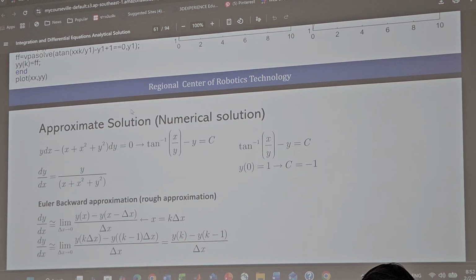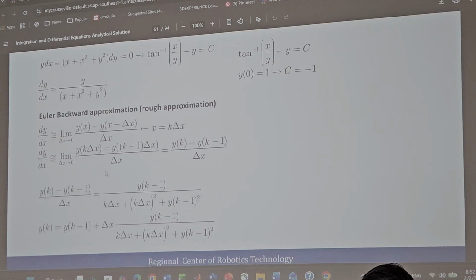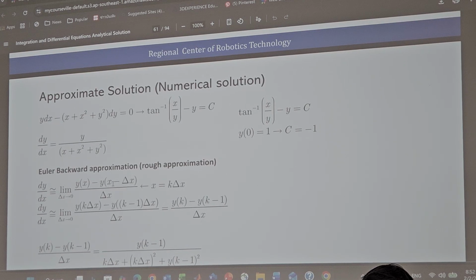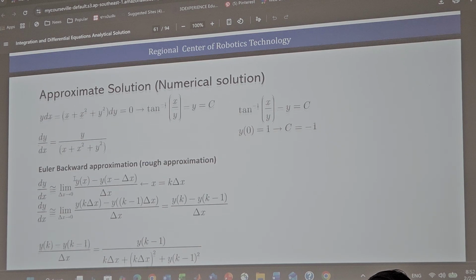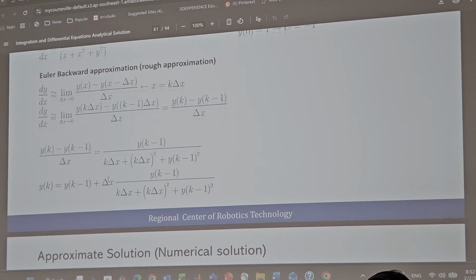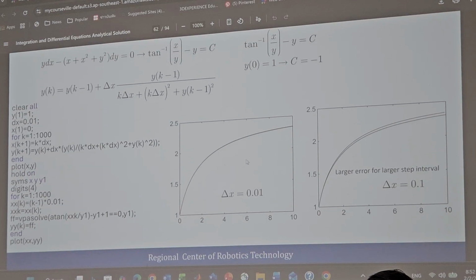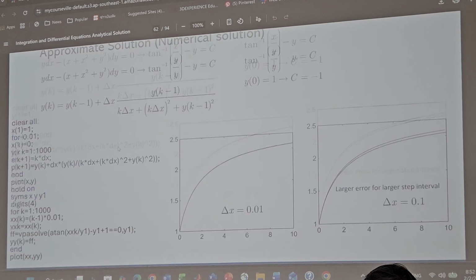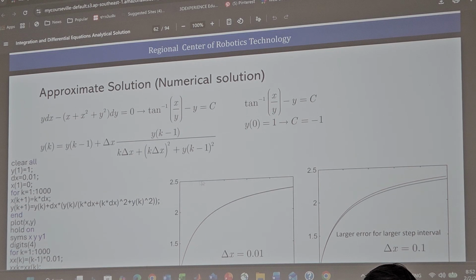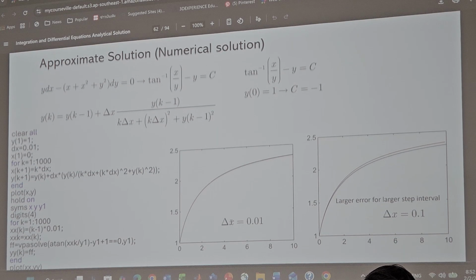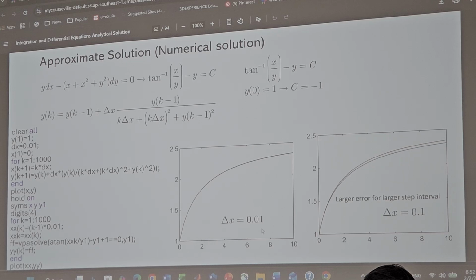This one as well, we use backward. Either backward, same. If delta t is very close to 0, the approximation is very close to the exact one.